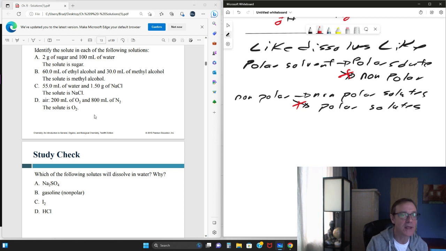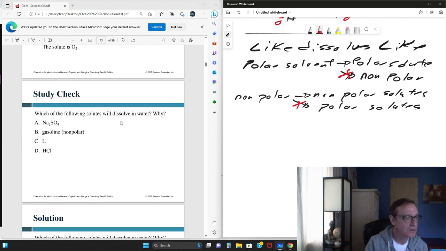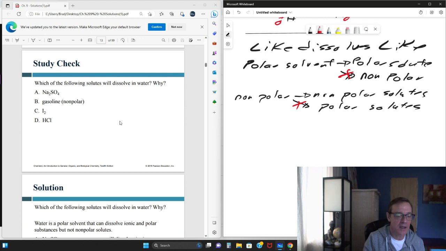And to throw in a gaseous solution, we have 200 milliliters of oxygen and 800 milliliters of nitrogen. The solute in this case is the oxygen. Okay, not too bad right here. Not too mathy, just conceptual.